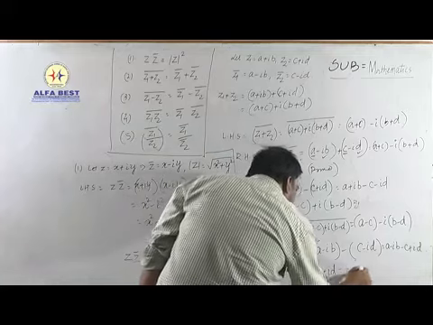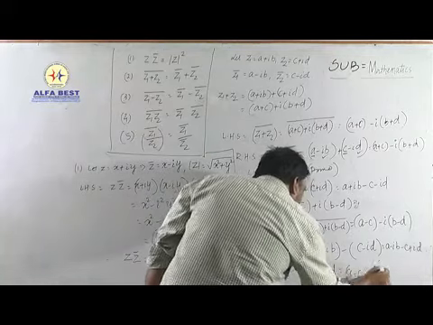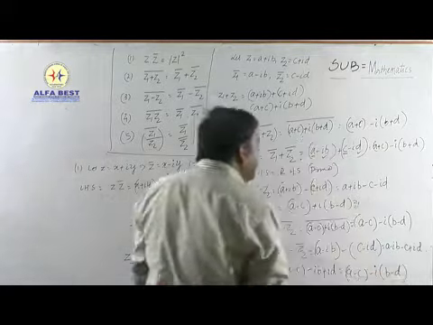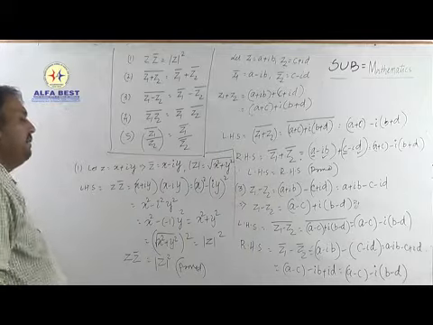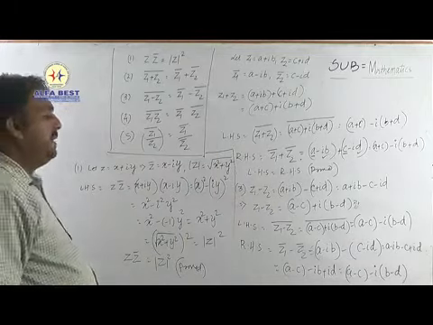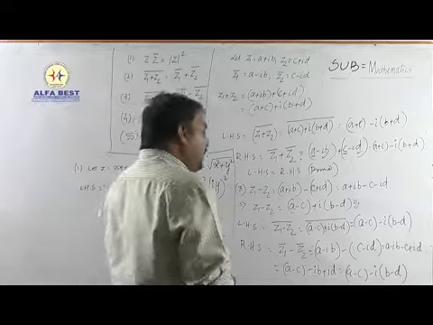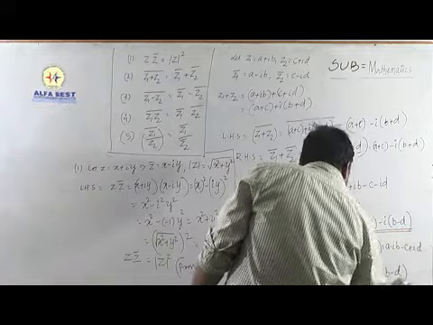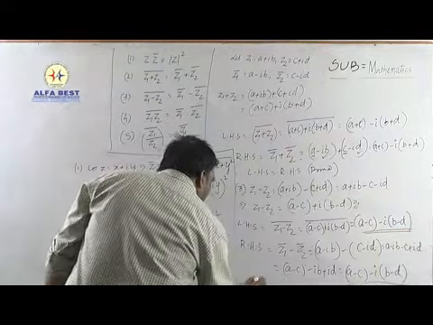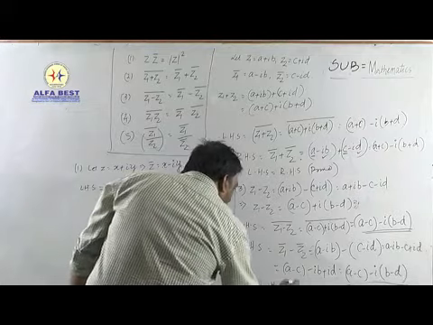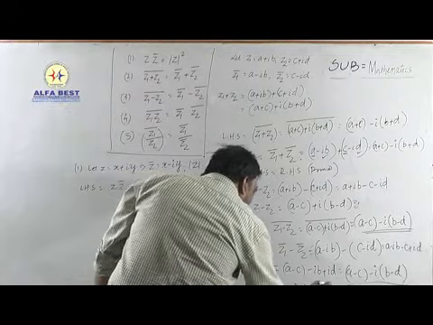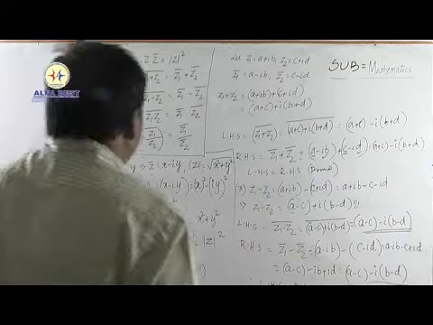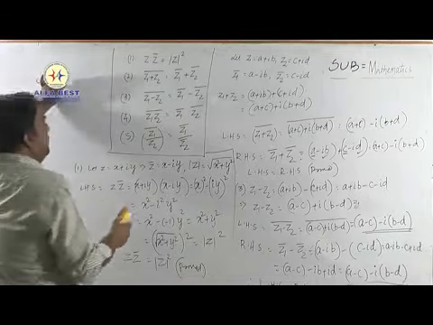So A minus C, taking minus I common, this will be B and the plus will be minus D. So it is your A minus C minus I into B minus D. So look here, this is your LHS and this is your RHS. They are equal, therefore LHS is equal to RHS, hence proved. Okay, now we'll go to question number 4.